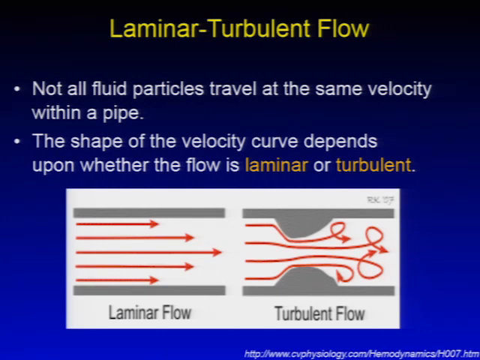For example, on the left side, laminar flow has a parabolic shape, where the center of the tube is the fastest flow, and the flow speed is reduced when the materials are close to the wall. On the other hand, in the turbulent flow, as you can see on the right side, it is totally irregular, without any pattern at all. So that's called a turbulent flow.